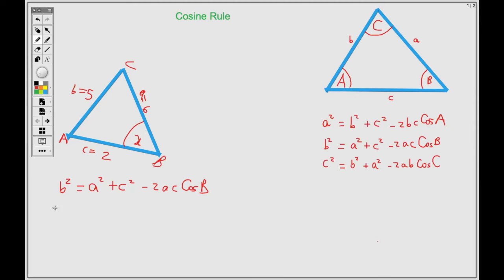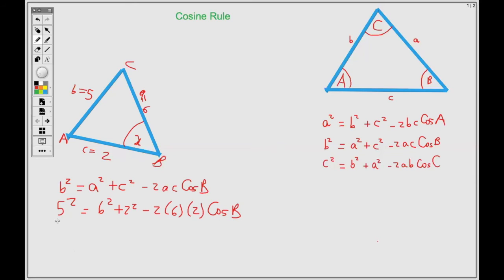So substituting the information I have, b is 5, so I have 5 squared, a is 6, so I have 6 squared, c is 2, so I have 2 squared, minus 2 times 6 times 2, and the unknown is capital B that I'm finding in this question.